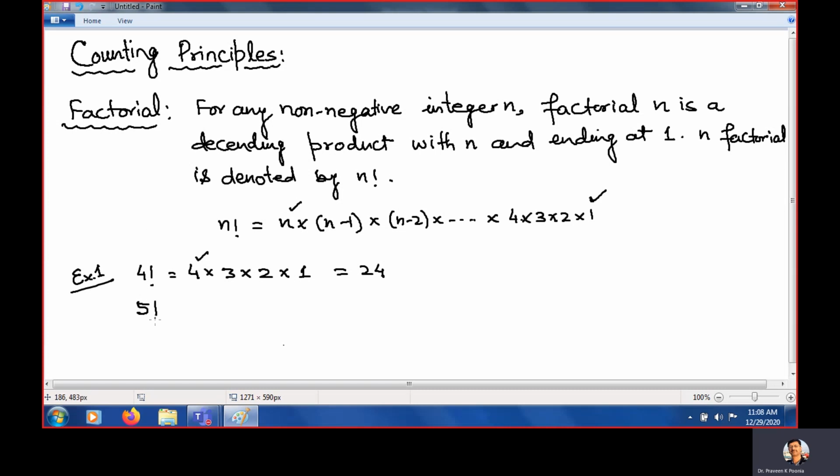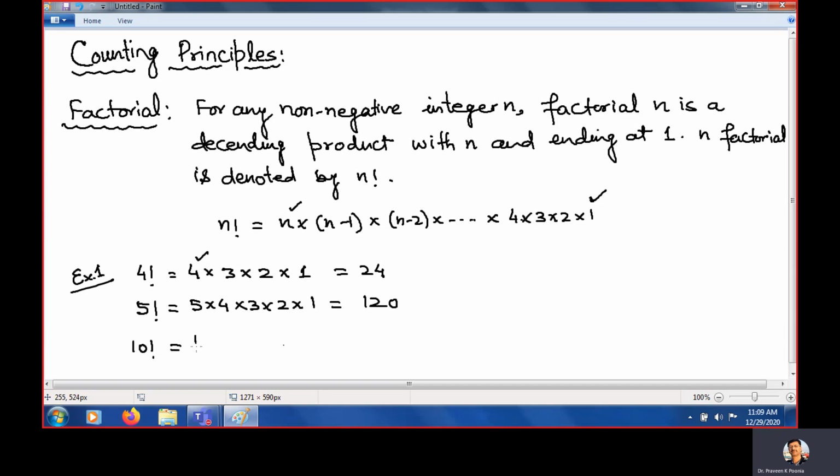If you want to calculate factorial 5, it starts at 5 and subtract 1 each time: 5, 4, 3, 2, 1. If you multiply, it will be 120. One more, factorial 10.